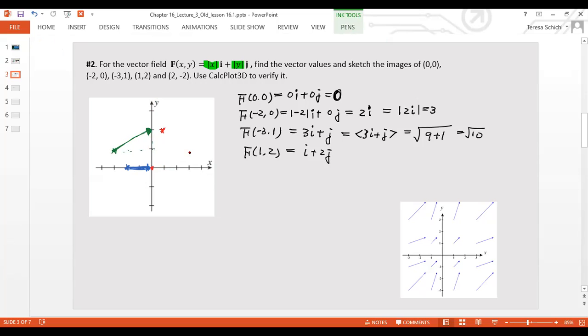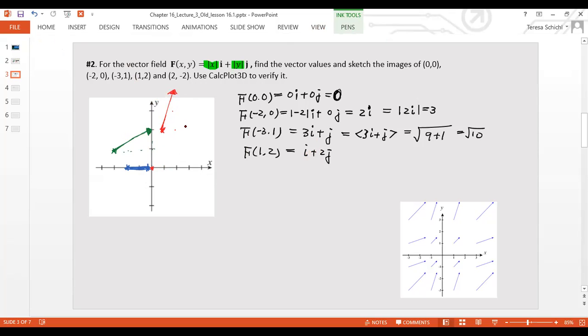Now i is 1, j is 2, so I go right 1, then up 2. So this was the vector.